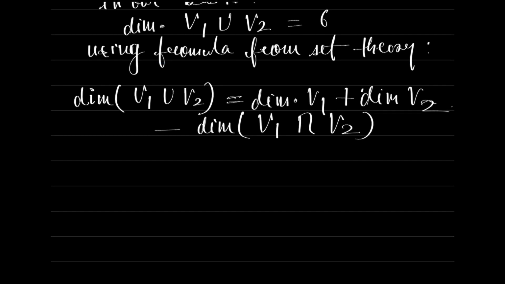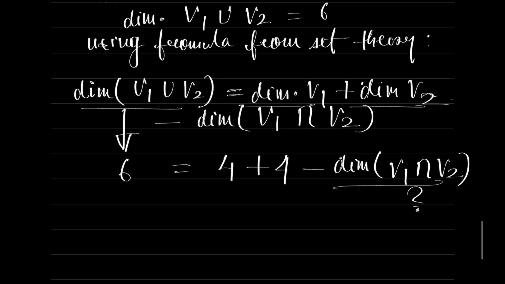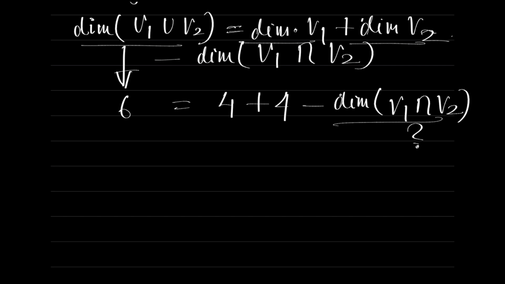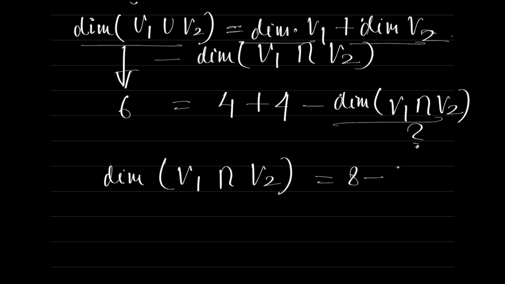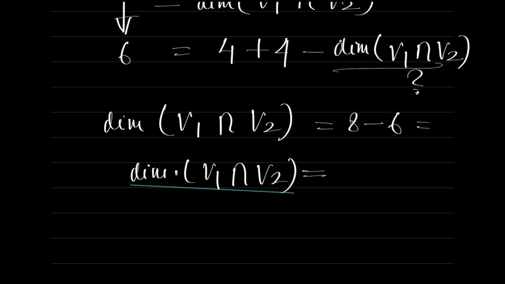So it becomes 6 equals 4 plus 4, V1 is 4, V2 is 4, minus the dimension of V1 intersection V2, which is required. So finally we get the dimension of V1 intersection V2 equal to 8 minus 6, which is equal to 2. So the answer is that the dimension of V1 intersection V2 is equal to 2.